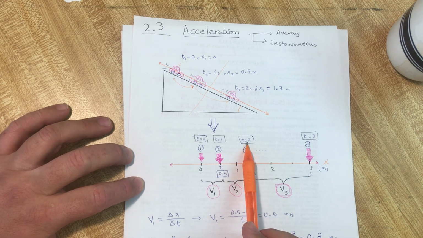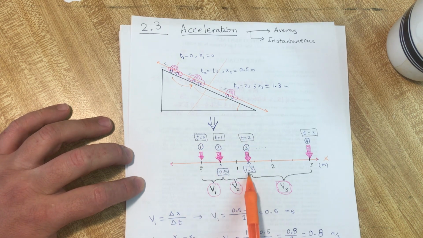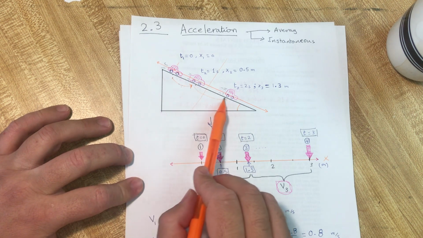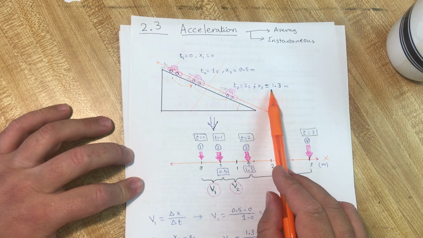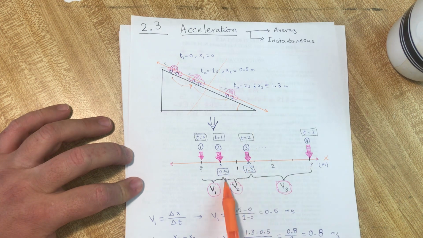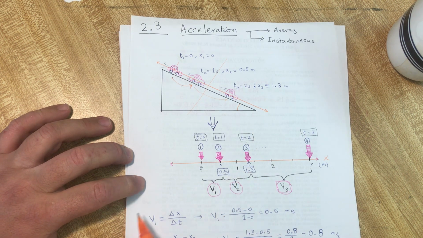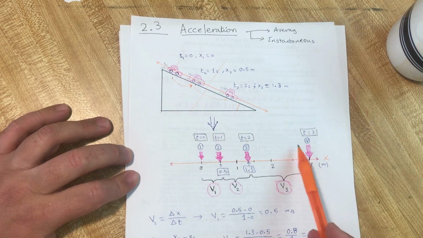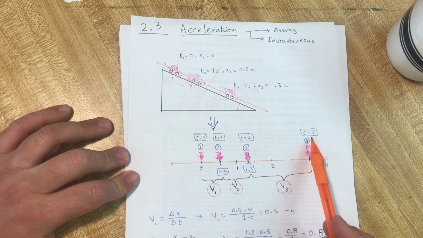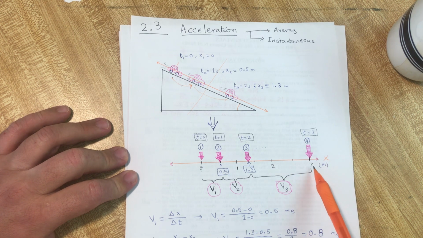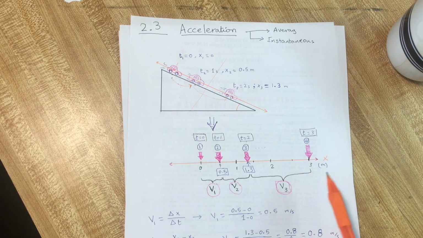After 2 seconds, the car moves more distance than before. It is at x equal 1.3. The distance is more. At t equal 3, at the fourth position, the x position is 3 meters.